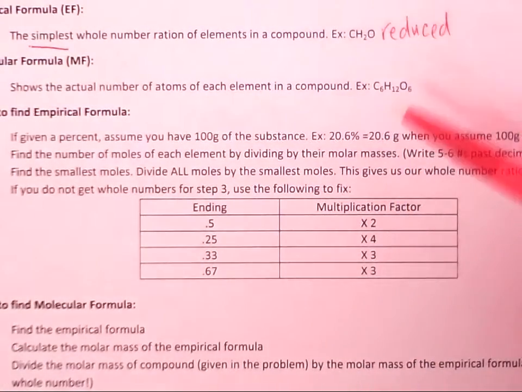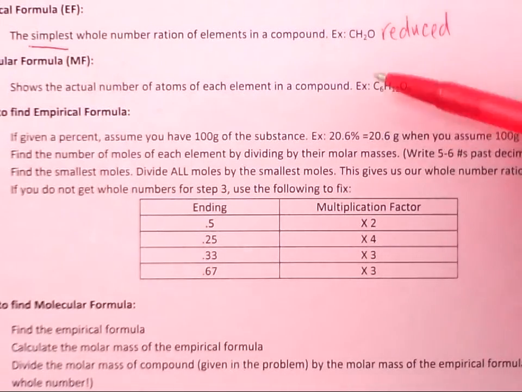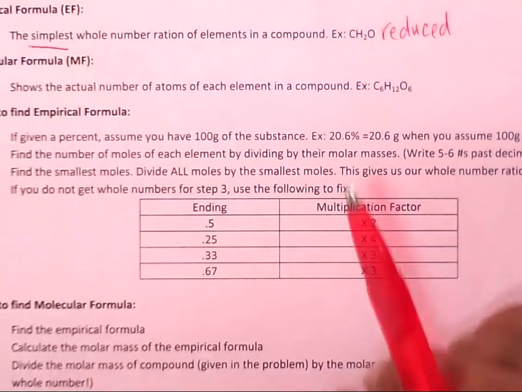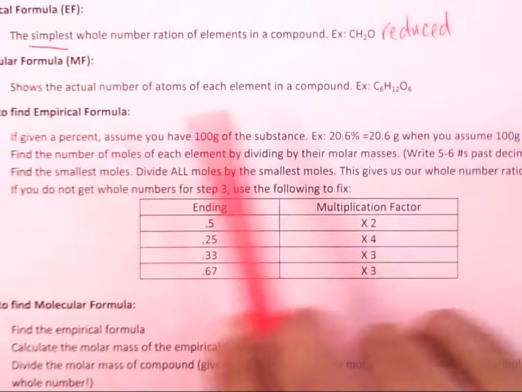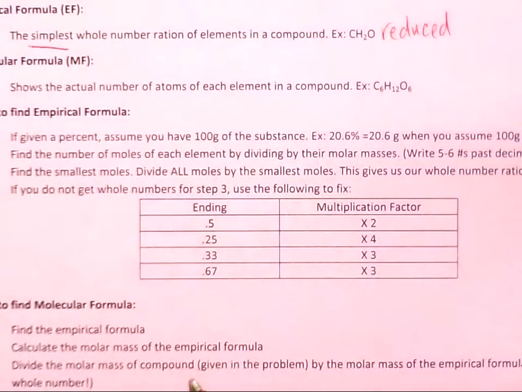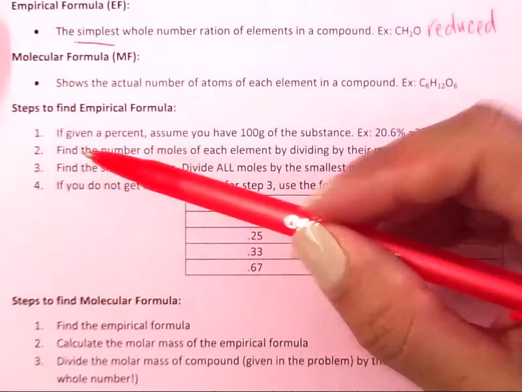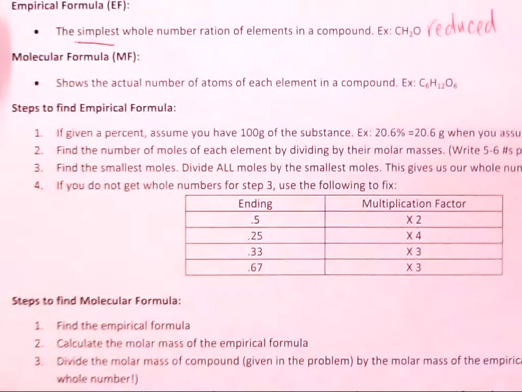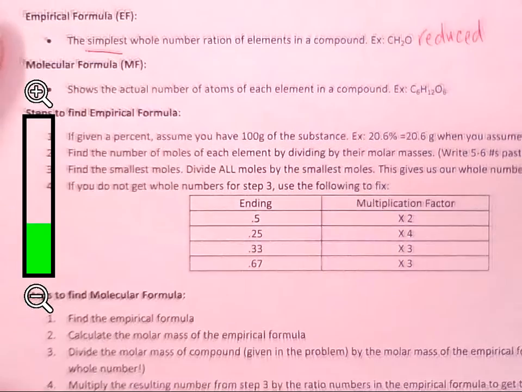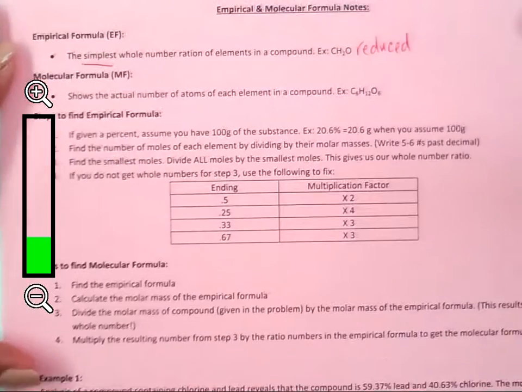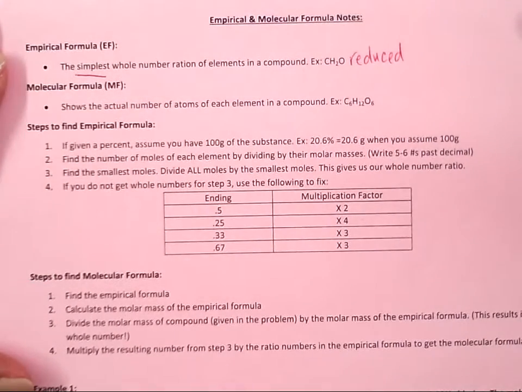And anytime you see the same ratio, but they're like double or triple the numbers, that would be considered the molecular formula. Okay? So then they give us the steps to mathematically find out what the empirical formula or the molecular formula is of a molecule.